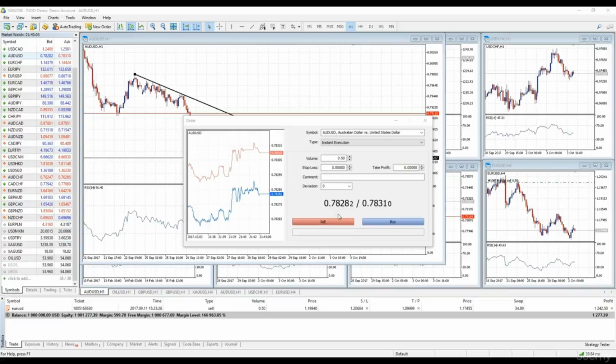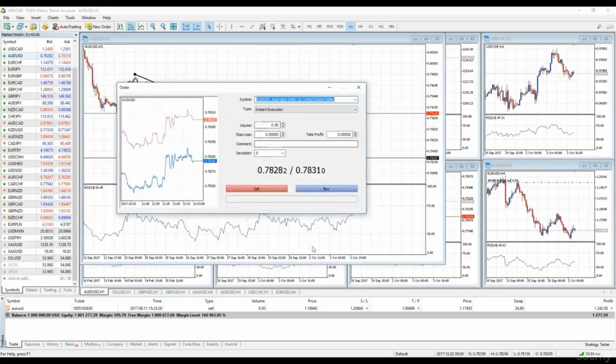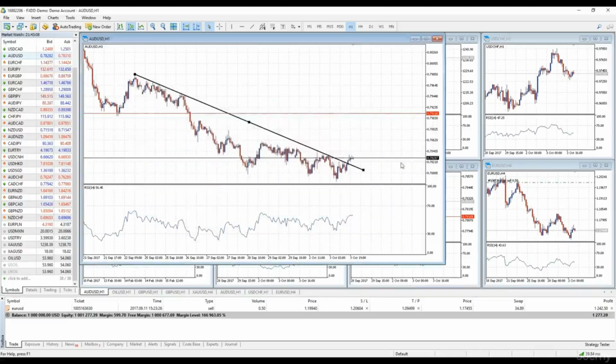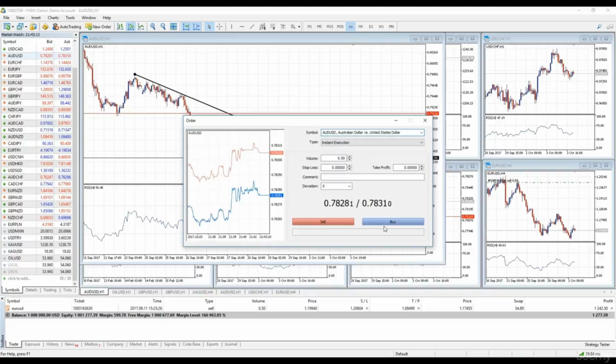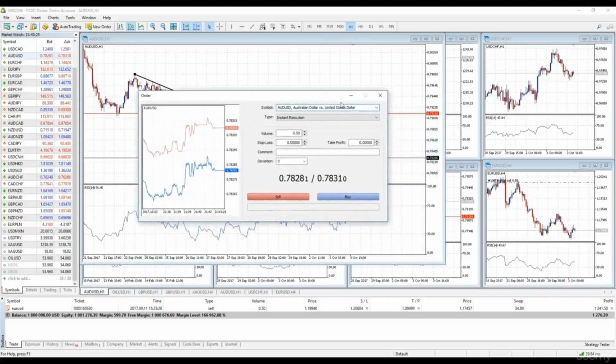So if you are trading at that time, you don't want to just look at a certain pair, think there's a great opportunity, hit new order, and then hit buy or sell right away, because you want to pay attention to the spread at that particular time. That could be something that sets you back a little bit, especially for newcomers.